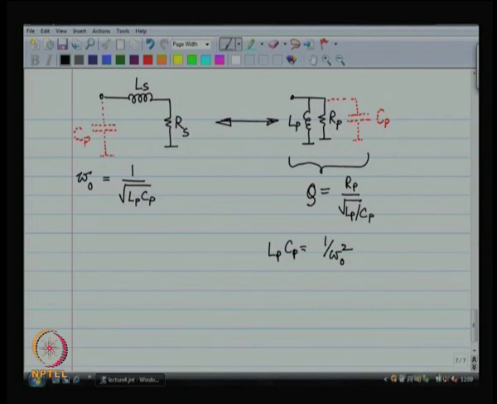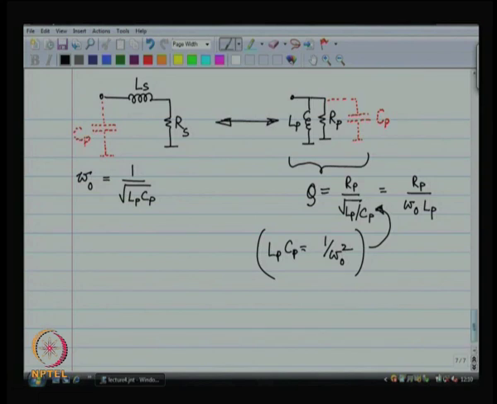So, Cp is really 1 by Lp times omega 0 squared. So, this is something that you can recall. So, you plug in this. Fine. So, this is the quality factor of my network.